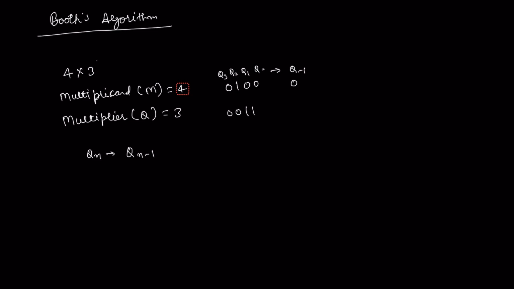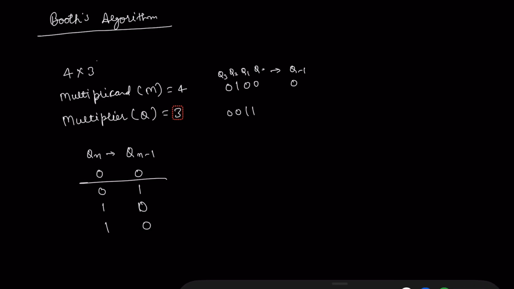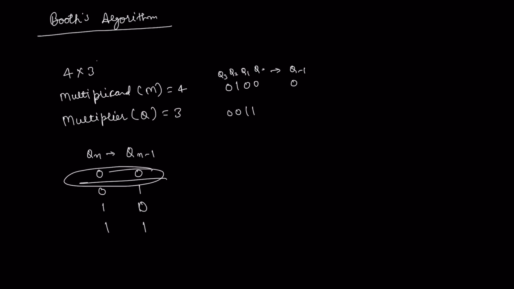So how many possibilities can there be? 00, 11, 01 and 10. Four possibilities can be there. For 00 and for 11, there is no addition or subtraction. We have to just shift right.